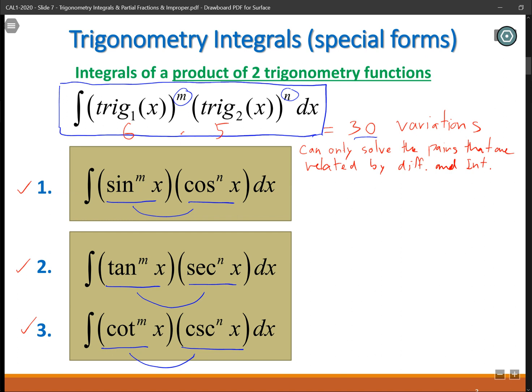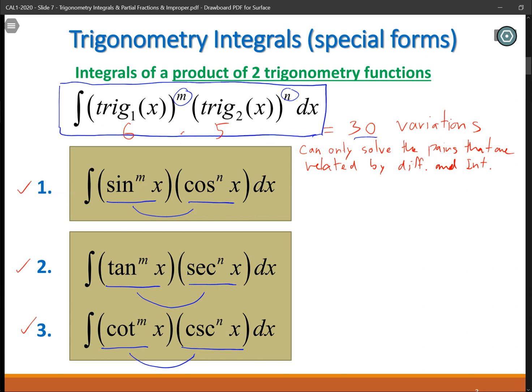Actually, we can solve the other pairs too, the other 27, but we can only do it by using numerical methods. As far as I know, maybe sometimes there are other ways to solve other pairs, but I would choose the numerical methods. But for these three, we can solve them by using analytical calculation.